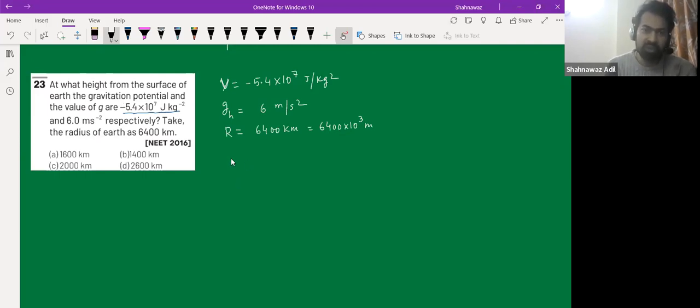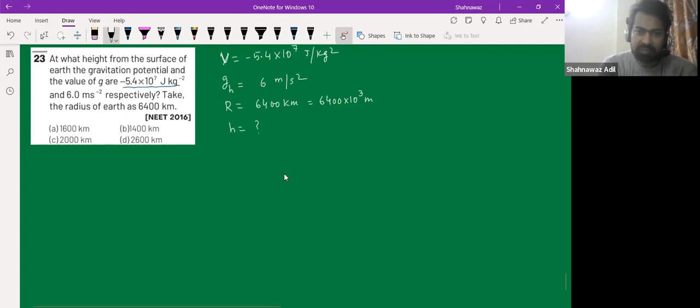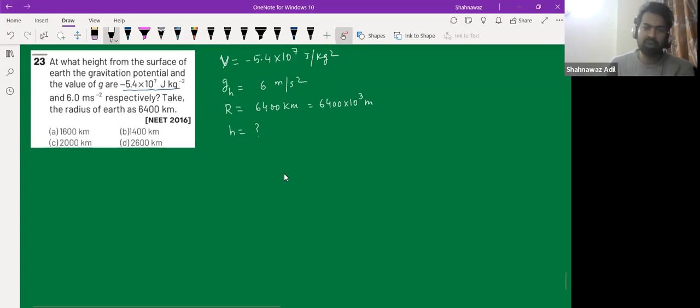And we also know what we need to calculate. We need to calculate the height at which that certain object is. So how can we calculate that? What do we know? We have this earth, and whenever we make that diagram, the answer becomes very easy.